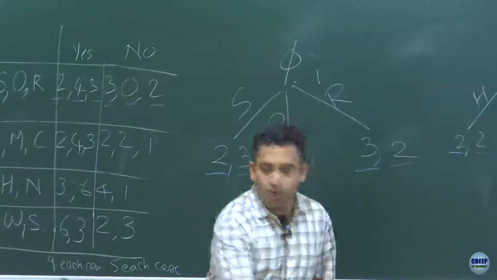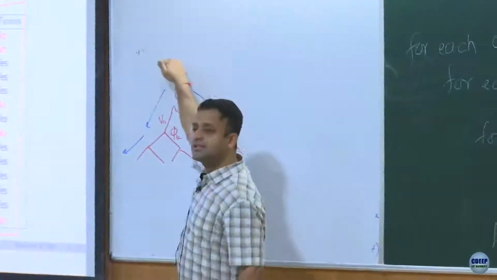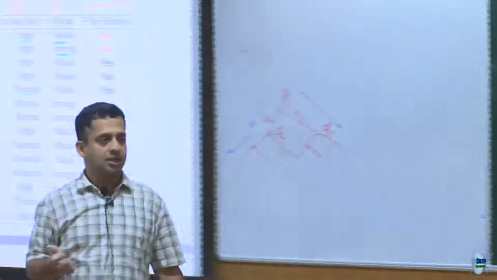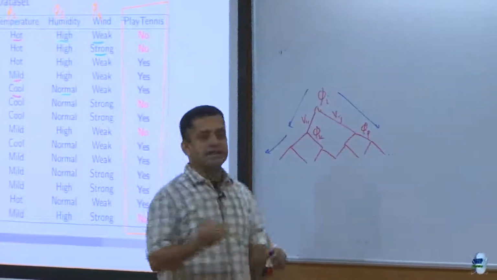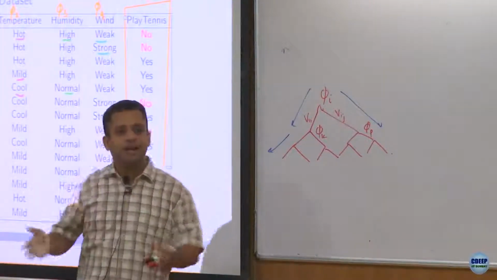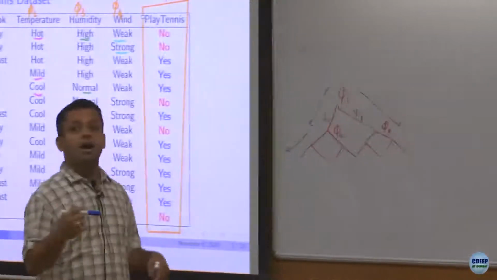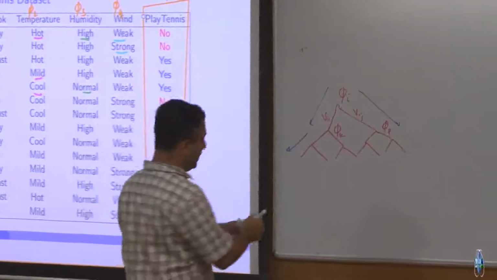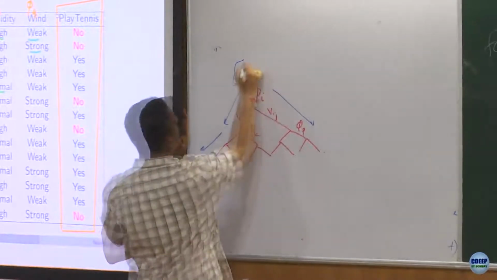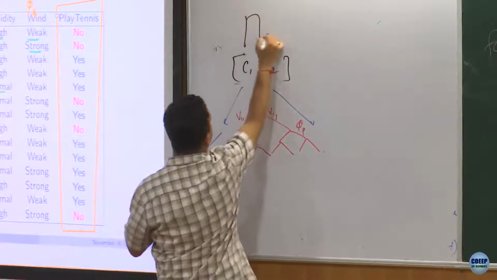So the first thing we want is the data skew before splitting and the data skew after splitting, which of them should be more skewed, before or after? After, right? So this data here had some distribution of yes and no, C1, C2, and this had some skew.